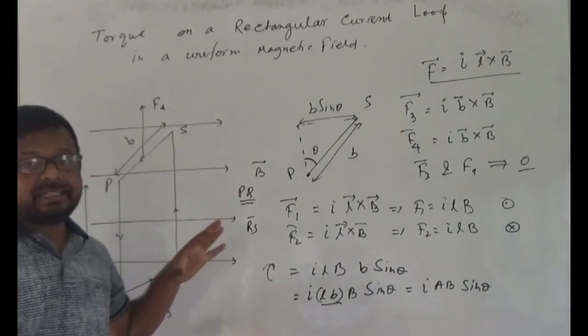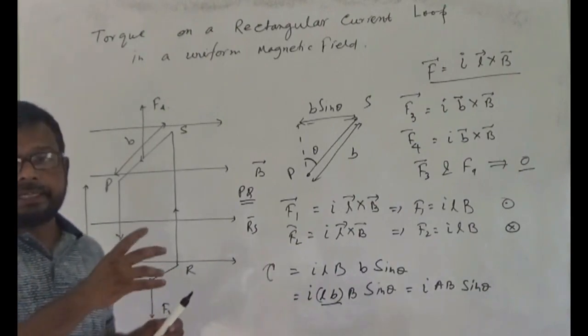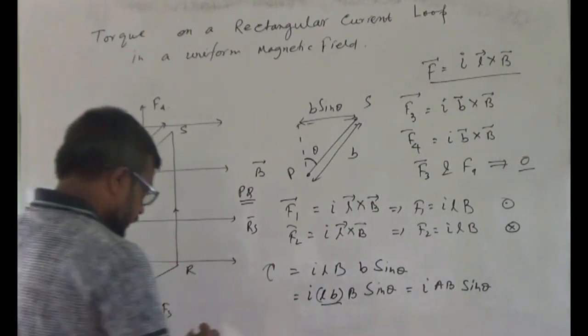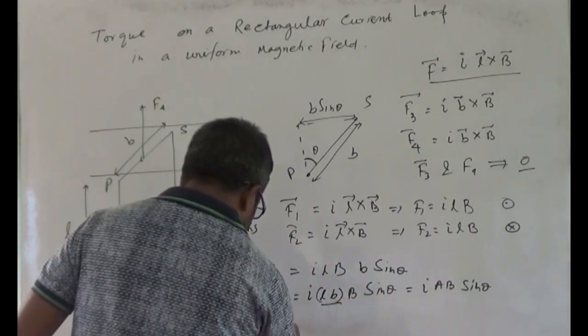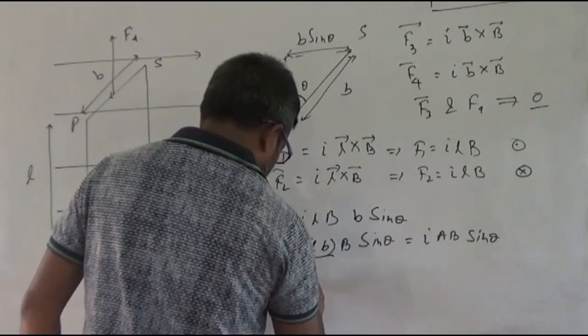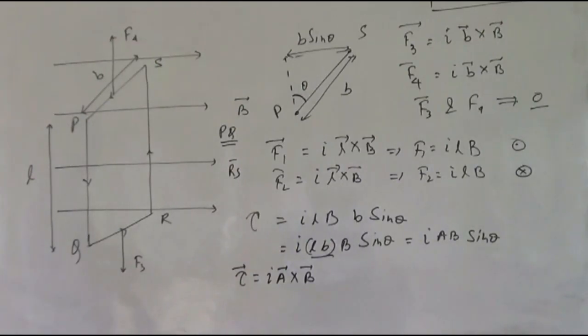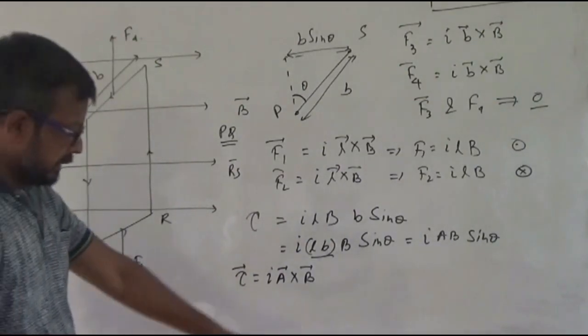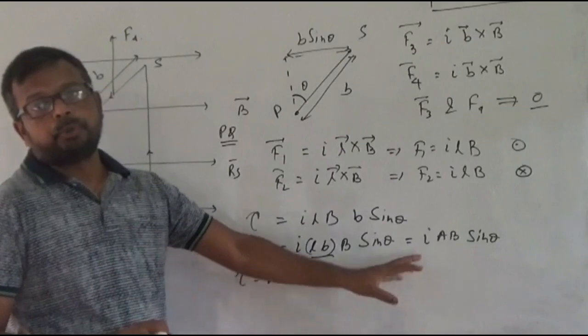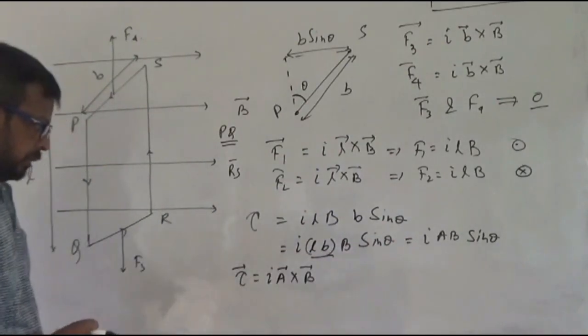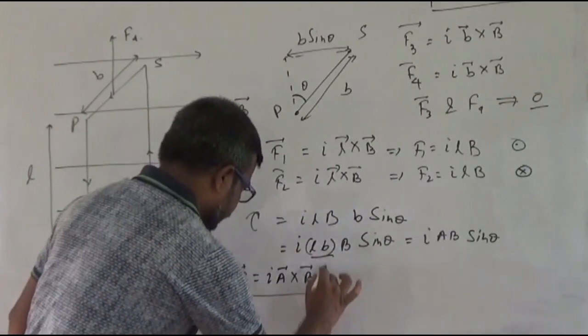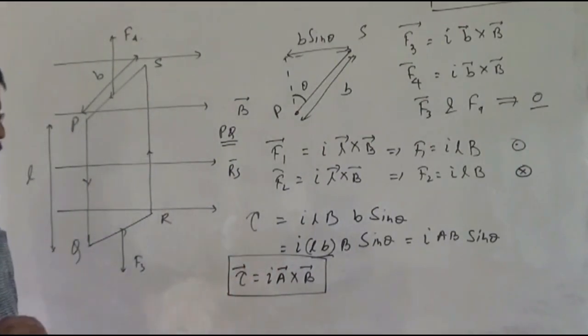And what is the direction? The direction is that it will rotate anti-clockwise, and from that you can write tau is equal to I A cross B. A is the area vector, and B is the uniform magnetic field strength. This is the vector form of the torque acting on the loop.